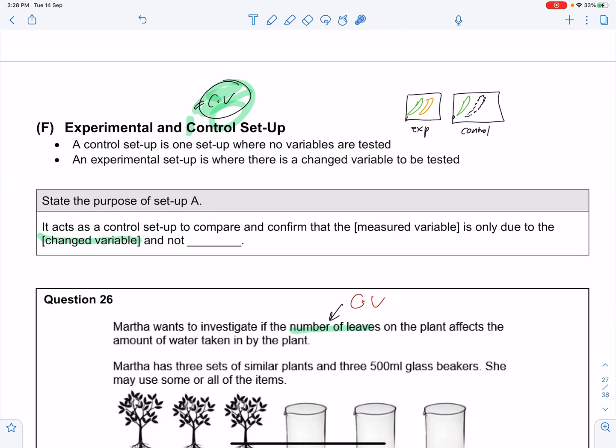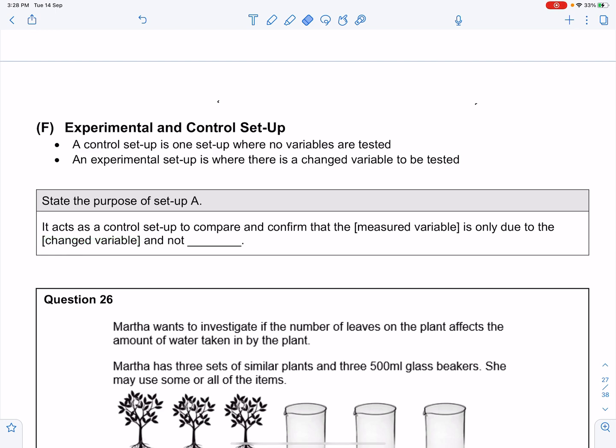Okay, next. I want to spend a little bit more time on this because this is something that many students don't quite understand. Now, experimental and control setup. A control setup is one that has no variables being tested.